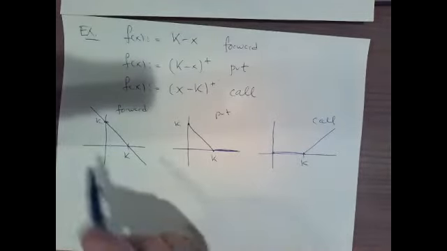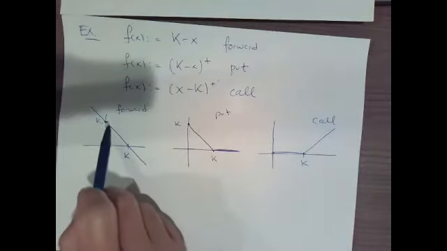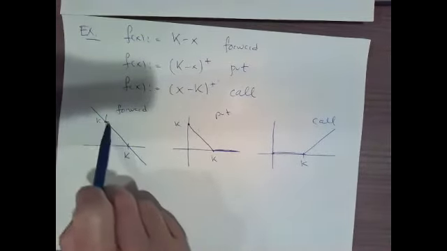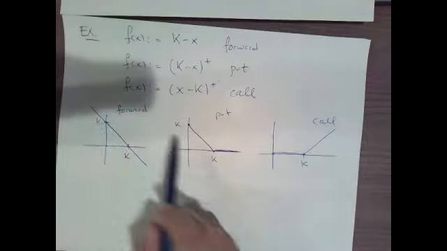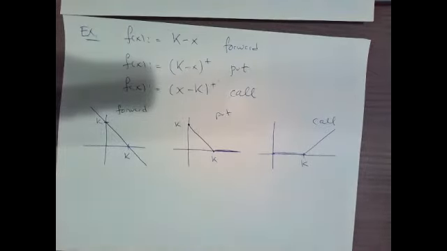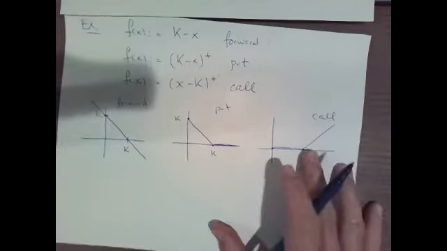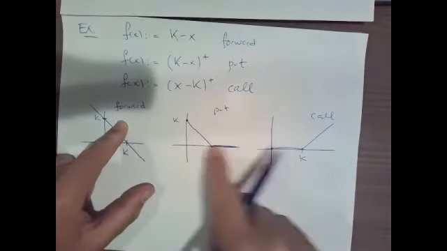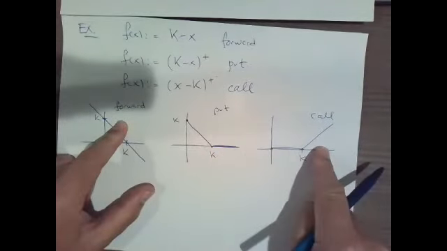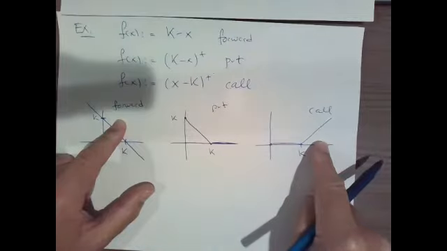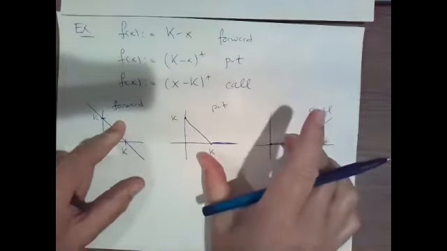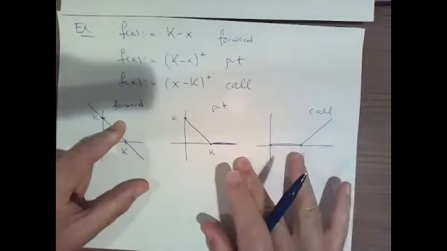For example, if I want to get this picture over here, the forward, and I have these two here, I can get a forward by mixing a put and a call. How do I create the picture on the left from the two pictures on the right?